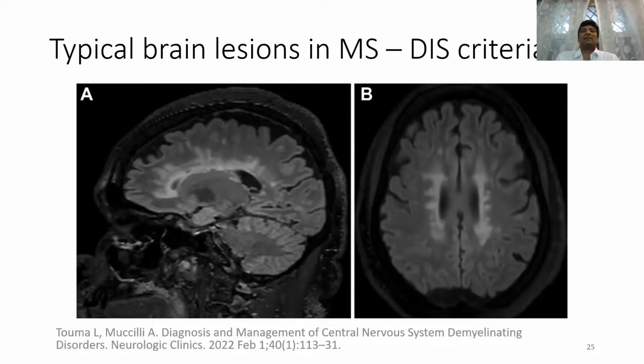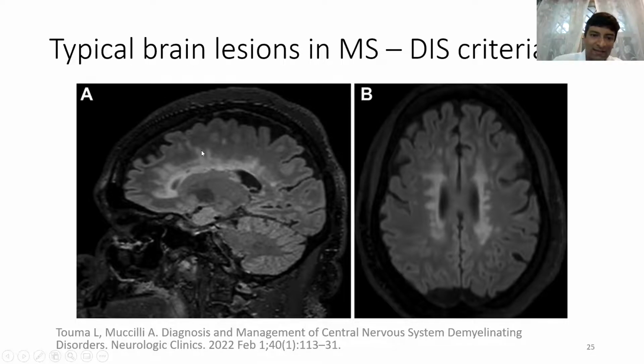Okay, so the typical lesions in multiple sclerosis are like this. You can see that they arise from the callososeptal interface, the margin between the corpus callosum and the septum pellucidum, which is beneath it. And they radiate outward in spokes.